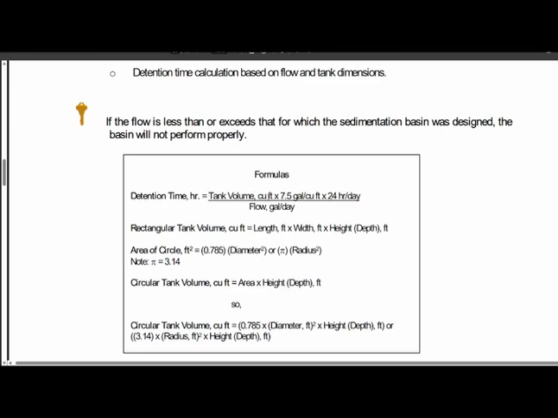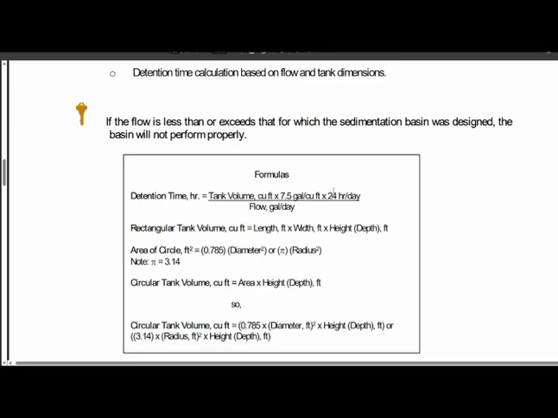It's the tank volume in cubic feet times 7.5 gallons per cubic foot, because there's 7.5 gallons of water in a cubic foot. That's not explained here, but that's what I've discovered. All right. Times 24 hours a day divided by your flow rate.